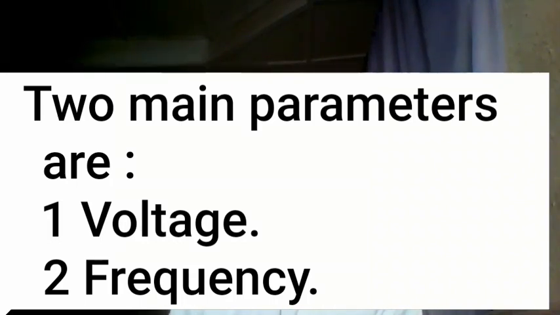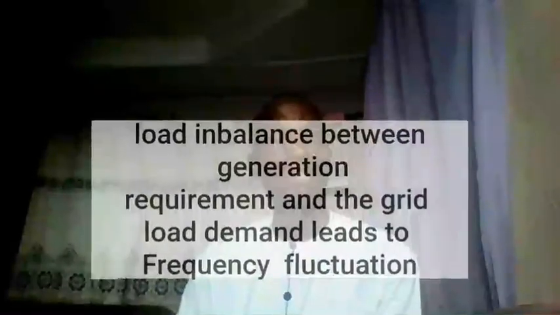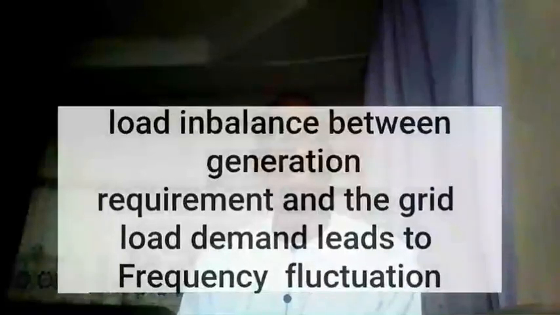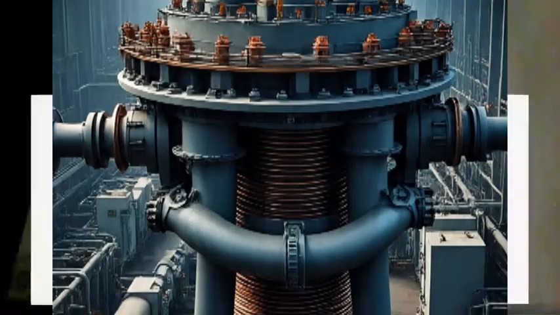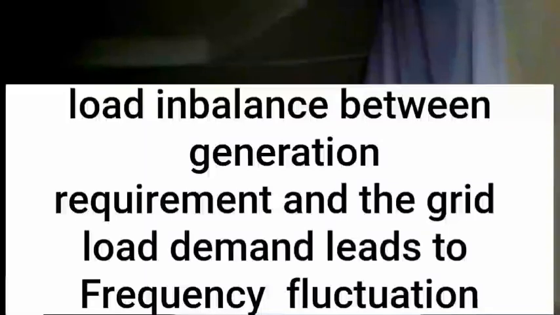What normally results in the need for frequency control is an imbalance between the load demand on the grid system and the generation requirements. If what is generated at the generating station is not enough compared to the demand, then definitely the frequency will begin to fall. If the frequency begins to fall and it is not controlled, it could lead to total power collapse.